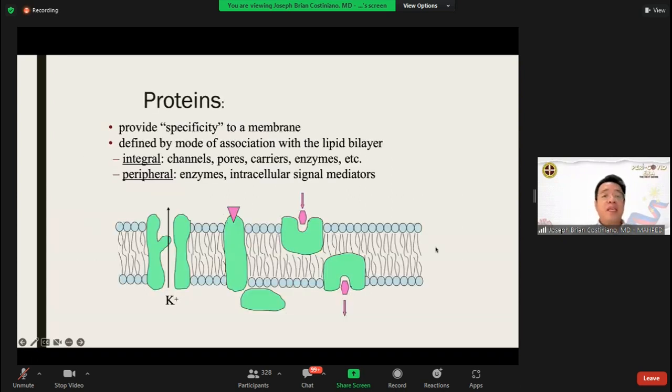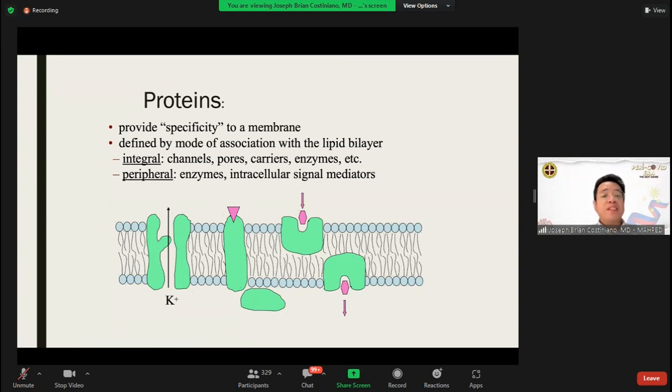Okay. Proteins provide specificity to a membrane. So it is defined according to its mode of association. So it could be either integral or peripheral. When we say integral protein, it spans the entire span of your lipid bilayer or your cell membrane. So from end to end. Yan yung integral.